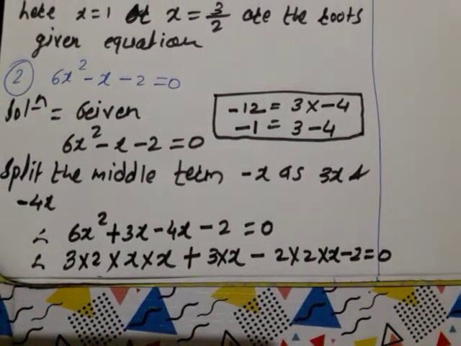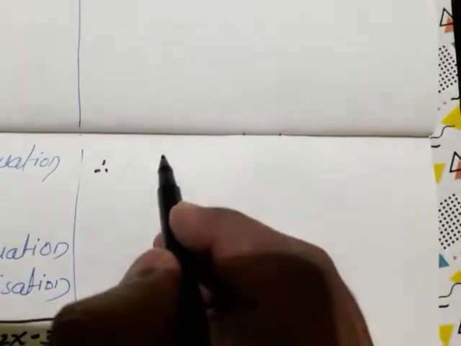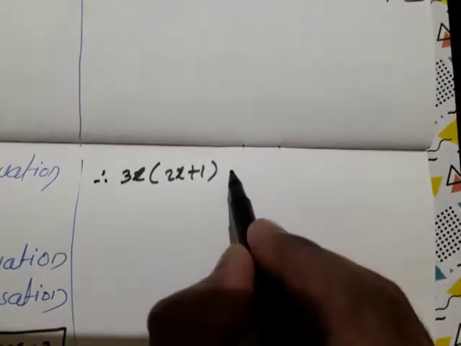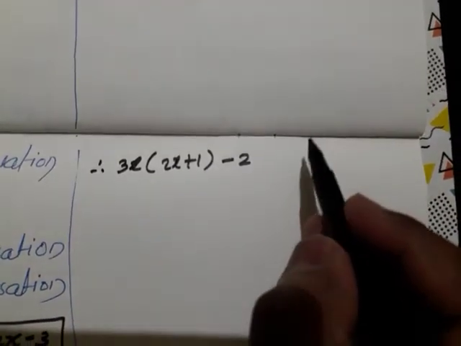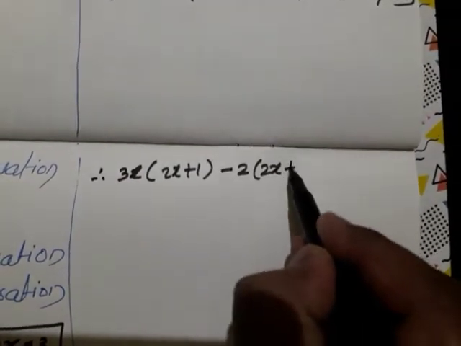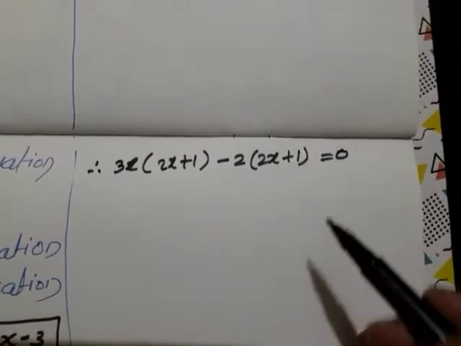Are you getting? Then what you will get, see here, next step I will write here. Therefore what I told, common factors we will take out, 3x in bracket, what will remain, 2x plus 1, minus 2 is the next common factor, that is 2x plus 1 will remain, that is equal to 0.